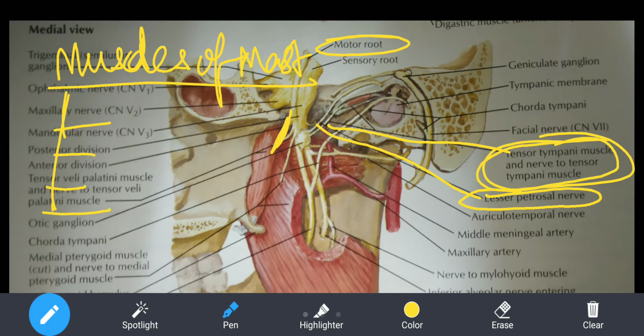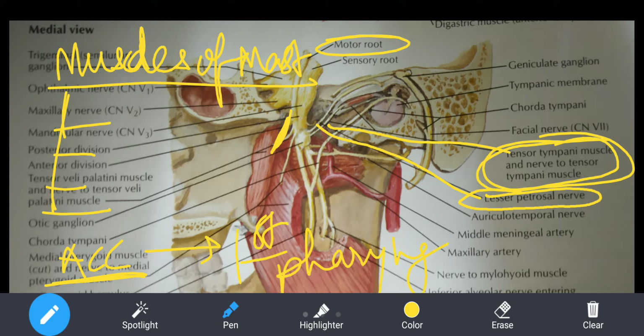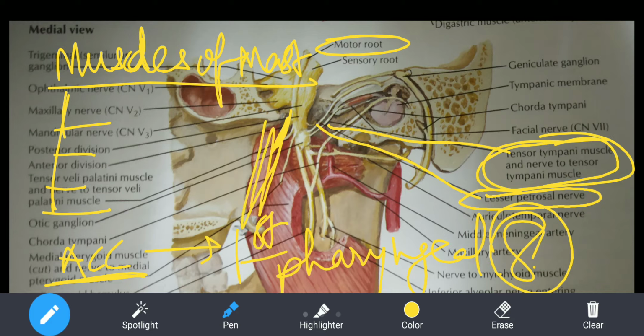But there are accessory muscles also, which are called muscles of mastication, because they develop from the first pharyngeal arch only. So there are 8 such muscles in total. Now can you see, this is the medial pterygoid muscle. Wait, I will show. See, labeling is also given.